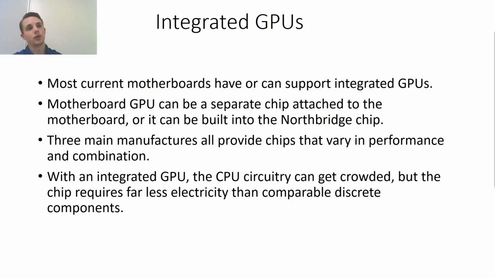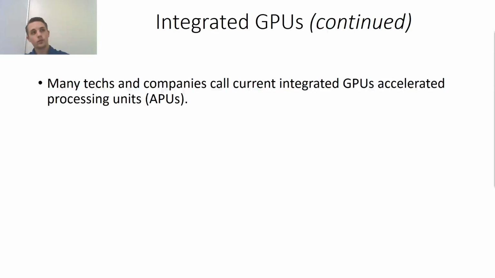But with the older ones, it was almost always built in. Integrated GPUs that are on the motherboard are known as APUs, but you'll hear them almost always referred to as GPUs. But when manufacturers refer to laptop GPUs, they'll call them APUs.